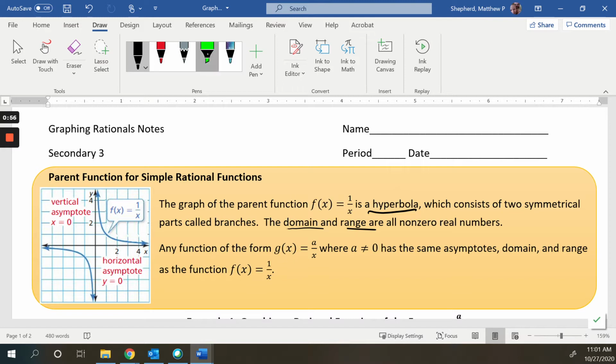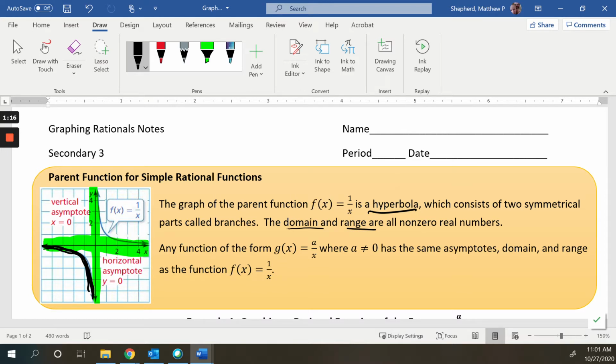Now the reason why it says non-zero, notice what is happening at the zeros. These blue lines keep on getting closer and closer to zero, but never actually get there.